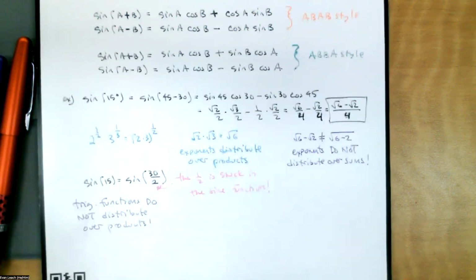So I wouldn't be able to do the sine of 30 divided by the sine of 2. I can't just distribute things like that.